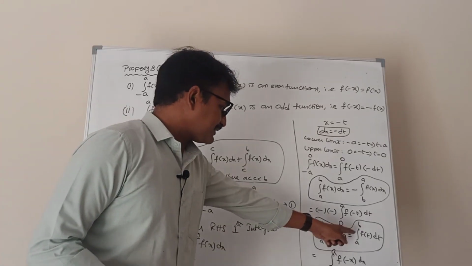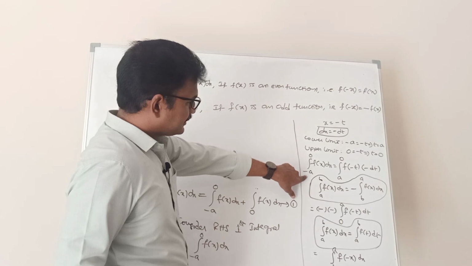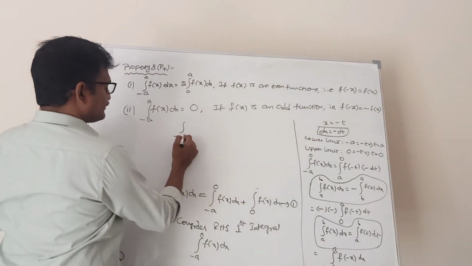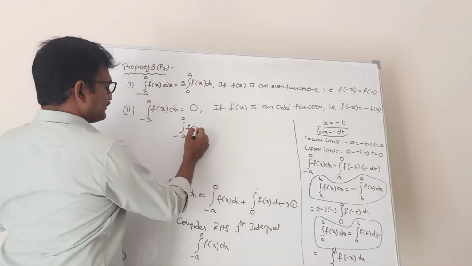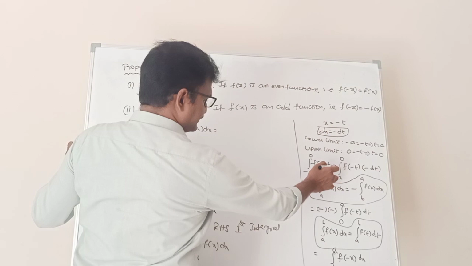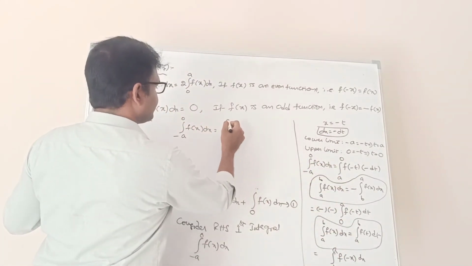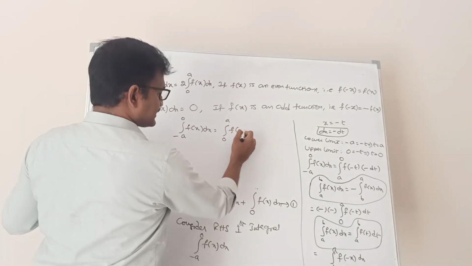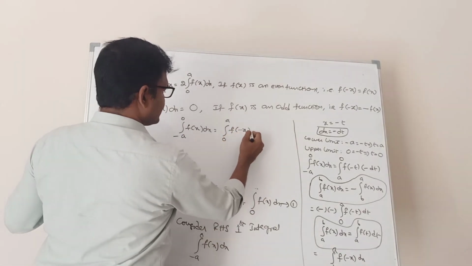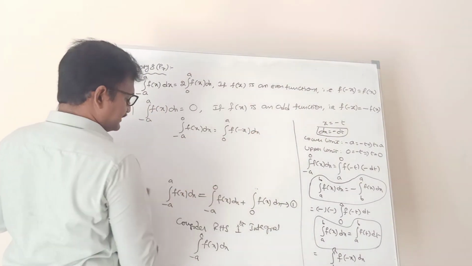So what we got is the integration of minus a to 0 f of x dx is equal to 0 to a f of minus x dx. In the place of this integration we got this.